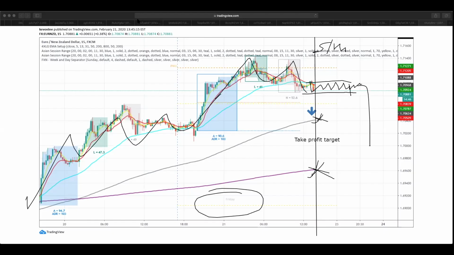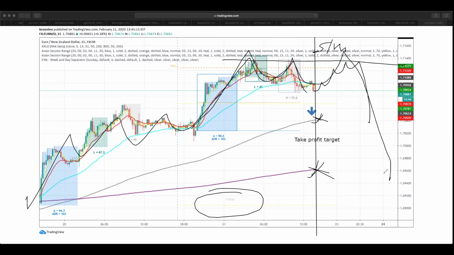If this Asian range doesn't go sideways straight across like that, and it starts to do something like this, well, then the behavior is we're waiting to see what happens when they get up here. Are they just going to tag it basically and make, you know, like a triple top to go down? Do you see what I mean? Yeah. So it's just different scenarios depending on what happens during the Asian range.